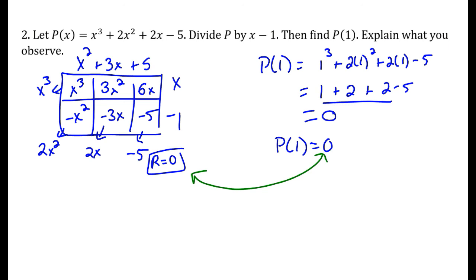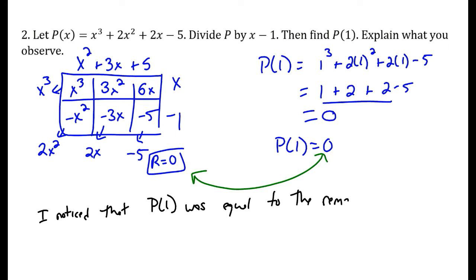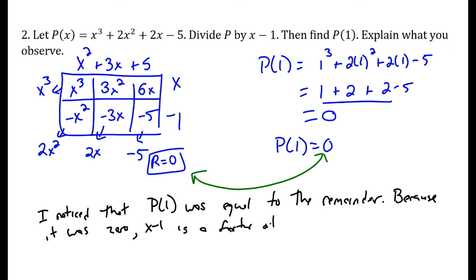Interesting. So I noticed that p of 1 was equal to the remainder. Because it was 0, x minus 1 is a factor of p.